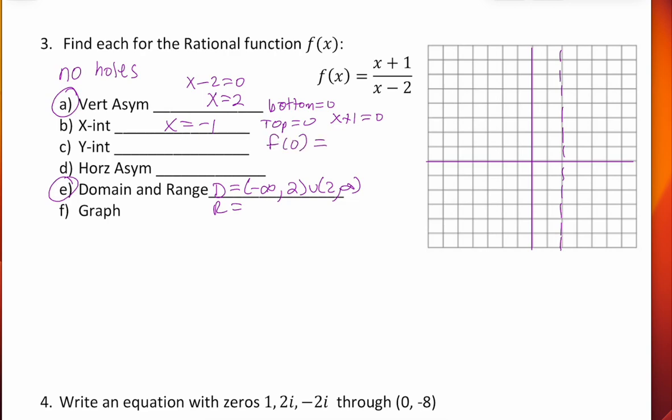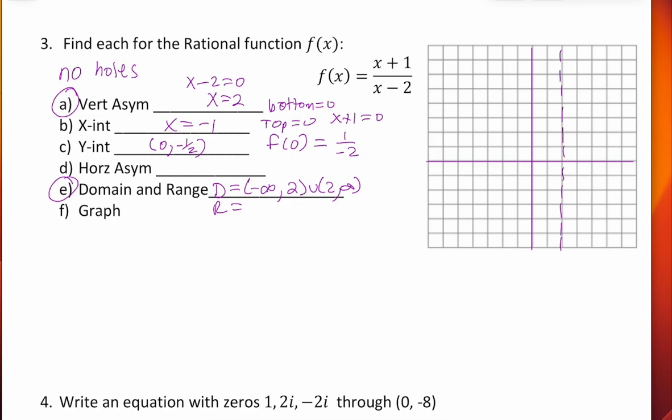If you plug in 0, you get 0 plus 1 on top, 0 minus 2 on the bottom, which is negative 1/2. So that's a pretty straightforward thing. All those things can be done pretty quickly.